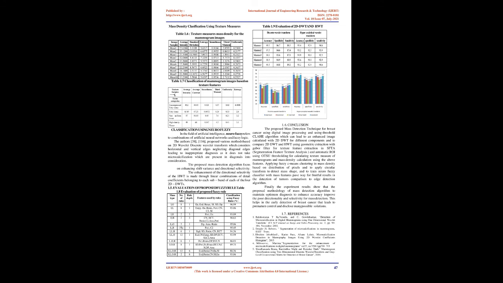The proposed mass detection algorithm focuses on enhancing shift variance and directional selectivity. The enhancement of the directional selectivity of the HWT is made through linear combinations of detail coefficients belonging to each subband of each of the four 2D DWTs.